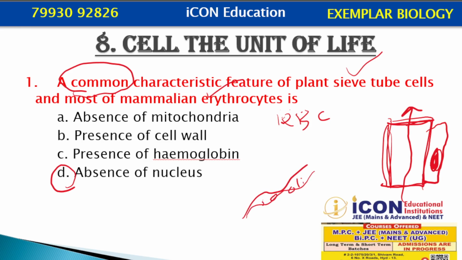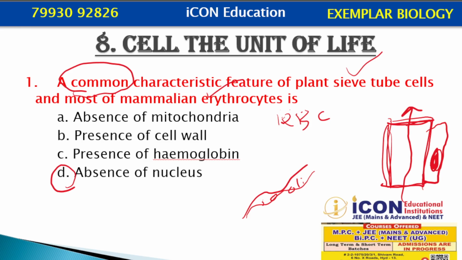So these mature RBCs are enucleated. Enucleated means they lack nucleus, and this maturation happens in the bone marrow. The nucleus is lost to give them maximum space for hemoglobin, enabling them to carry more oxygen. And even the mitochondria are removed in the mature RBC.